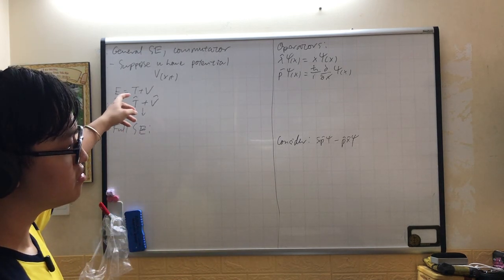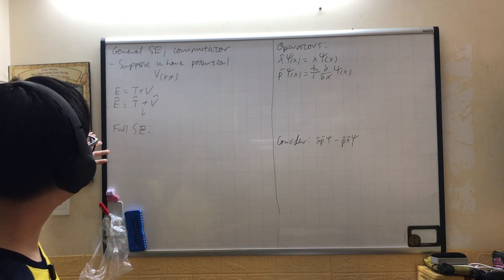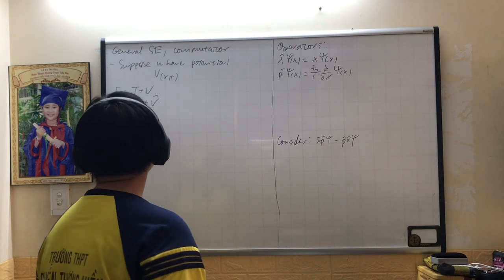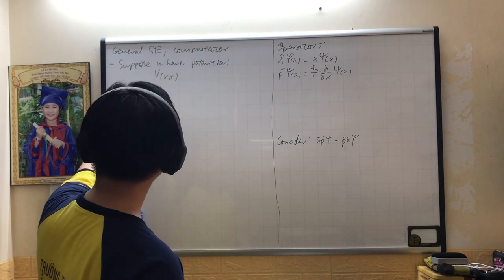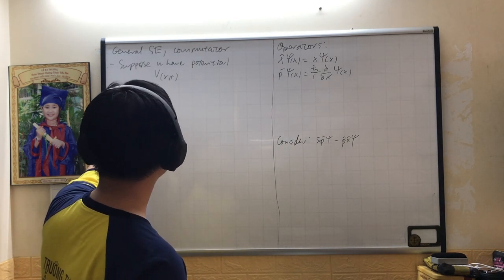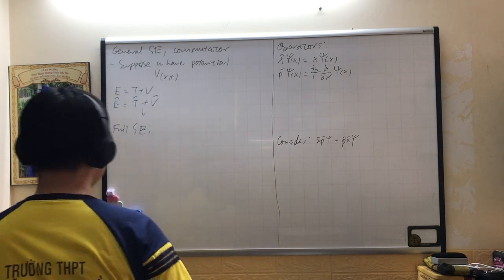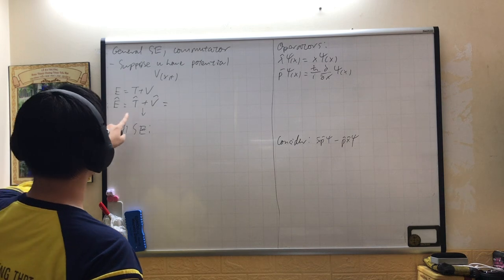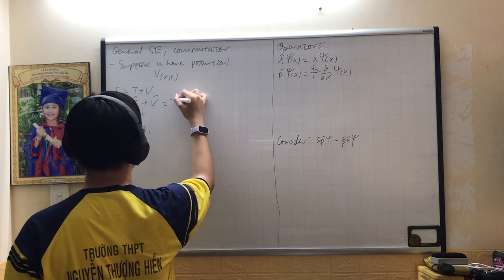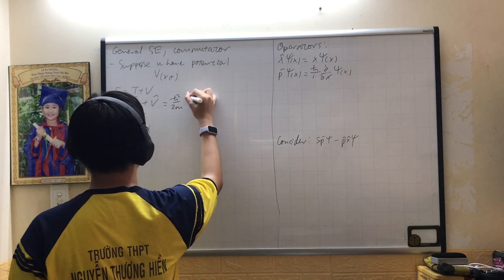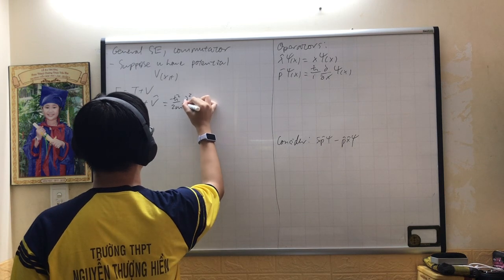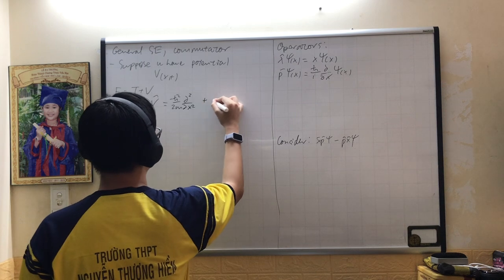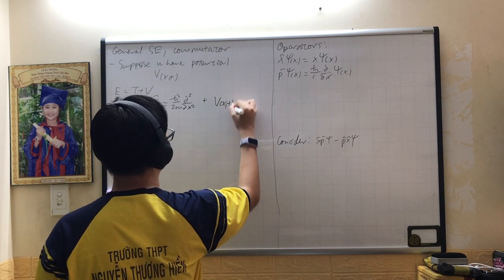And you put a hat on it, put it in the operator form. So you would have E hat equal to T hat plus V hat. And as we learned before, this T hat is equal to minus h bar squared over 2m times the second order differential. And V is just V of x and t.